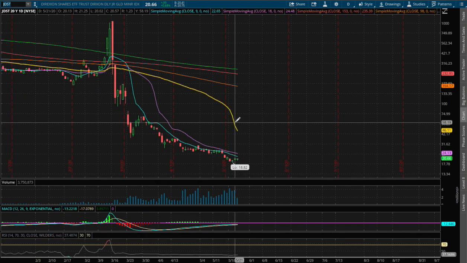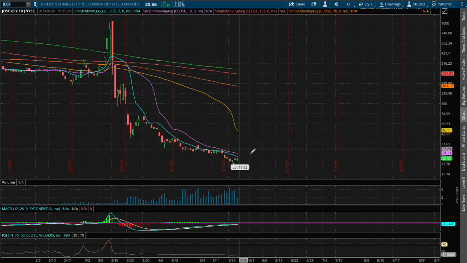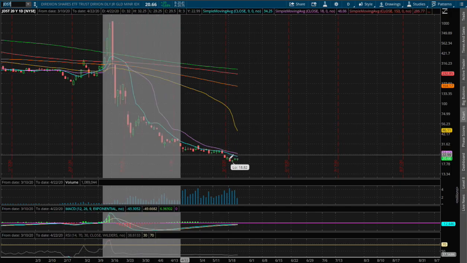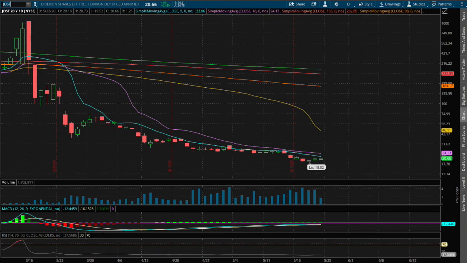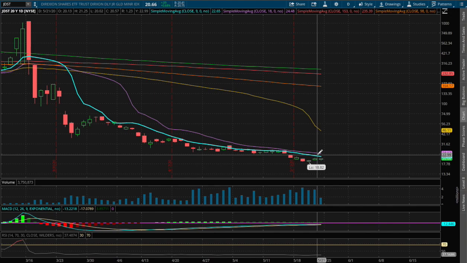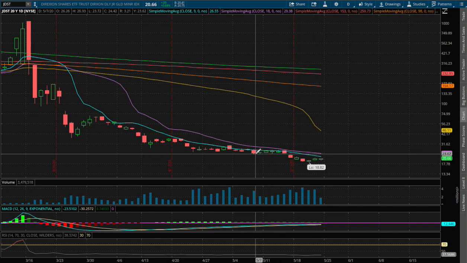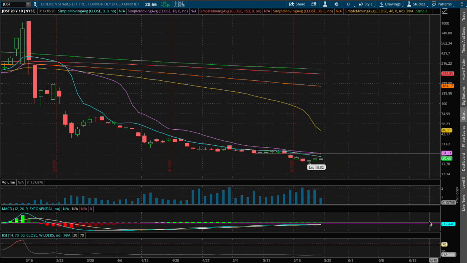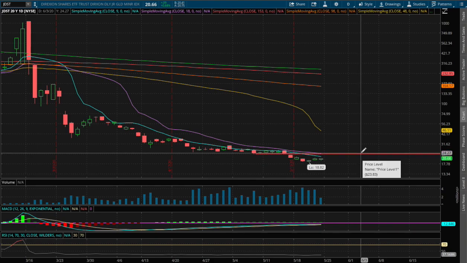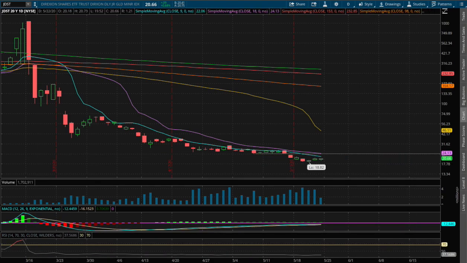So let's head to JDST and examine the technical aspect of it. On Friday, JDST closed up 44 basis points, and if we do manage to reverse higher, we also see a possible resistance around the 18-day moving average, and that was also previous support. Since we're below support, that now acts as our resistance, and that is around a price of $24.30.